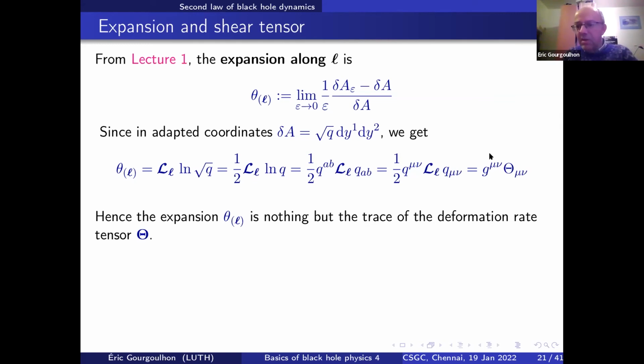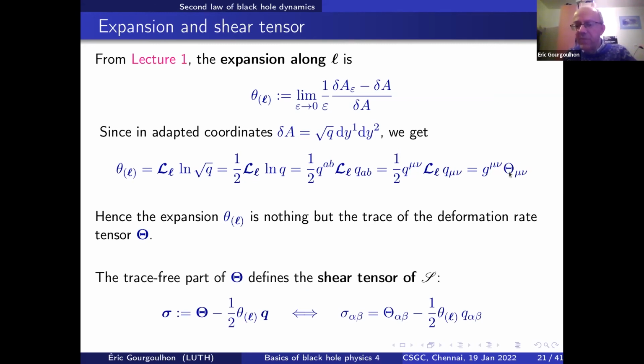And so it means that theta_L is nothing but the trace of capital Theta, the deformation tensor, taken with the metric g. So this is another interpretation of this expansion. The scalar expansion is the trace of the deformation tensor.